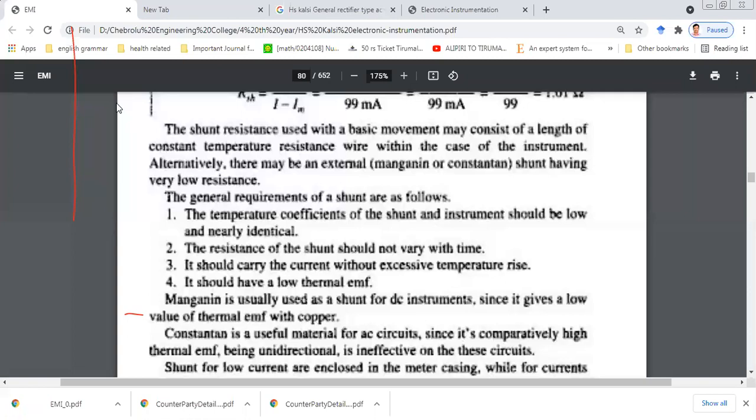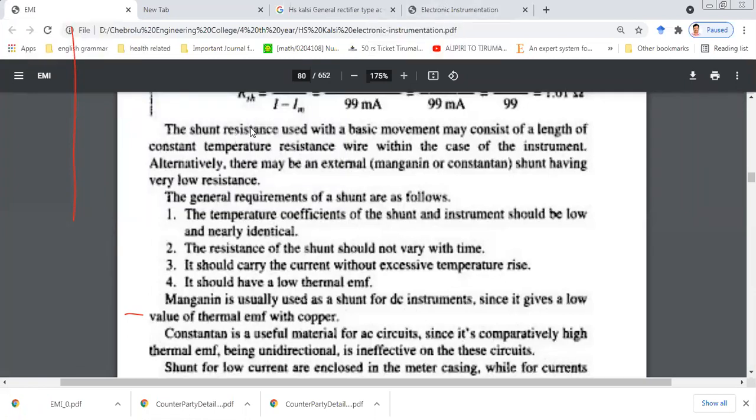So we have to choose a material whose resistance changes very little with temperature, so that the instrument is less affected when the temperature changes.